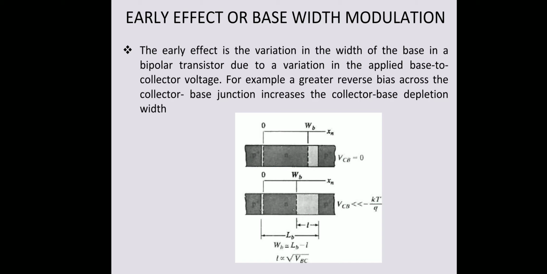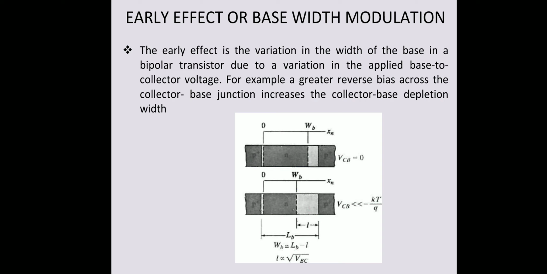We can see in this figure that the effective width of the base is given as WB, and in this case VCB equal to 0 volt, it has more width compared to nonzero VCB. If we apply a negative voltage on this VCB, this depletion region extends more into this base region because it is lightly doped.